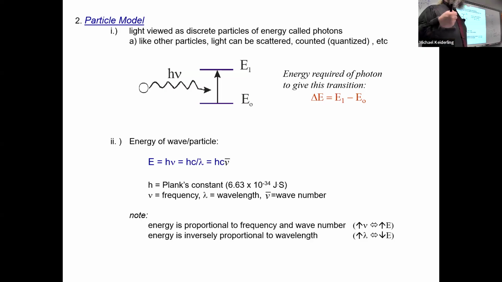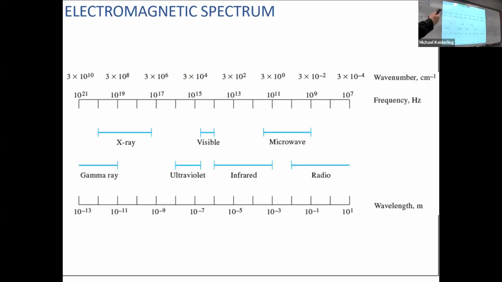So high energy photons like gamma rays and X-rays have very short wavelengths. Low energy photons have very long wavelengths like radio waves. Those are extremes, right? So the electromagnetic spectrum covers a range of frequencies and wavelengths, really big range.